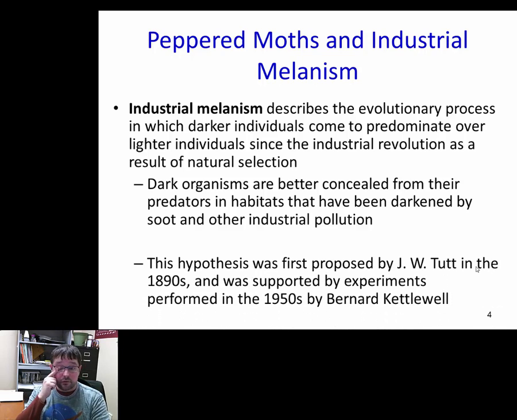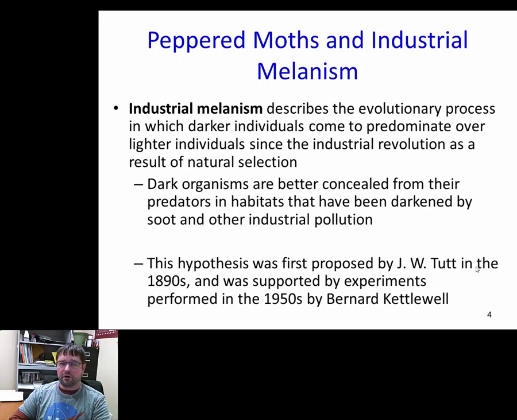So J.W. Tutt first hypothesized that industrial melanism was going on in the 1890s, but it really wasn't until the 1950s when Bernard Kettlewell came up with an experiment to test industrial melanism. And Kettlewell's experiment was fairly simplistic.